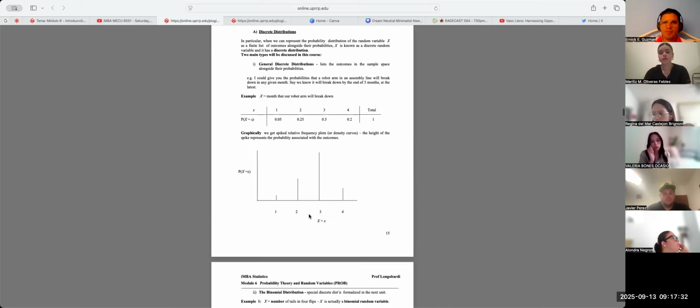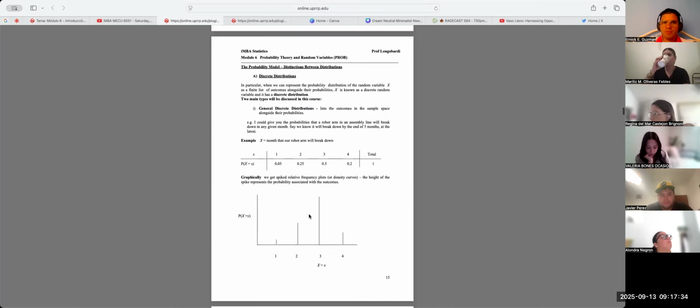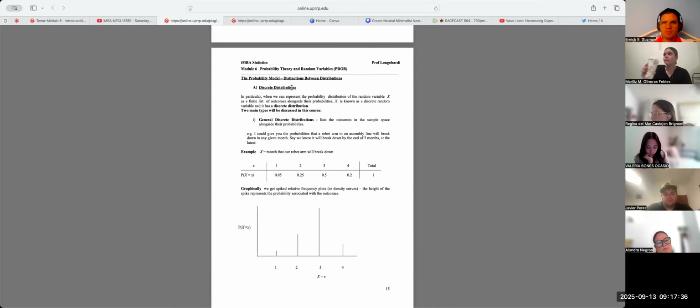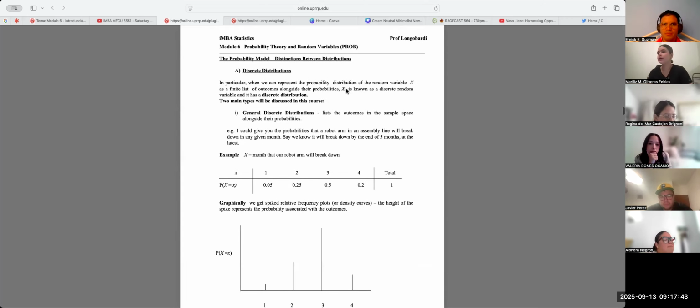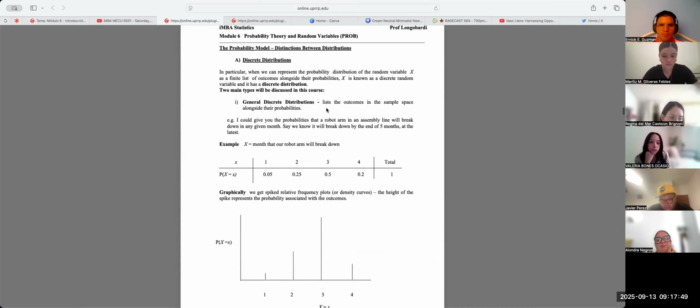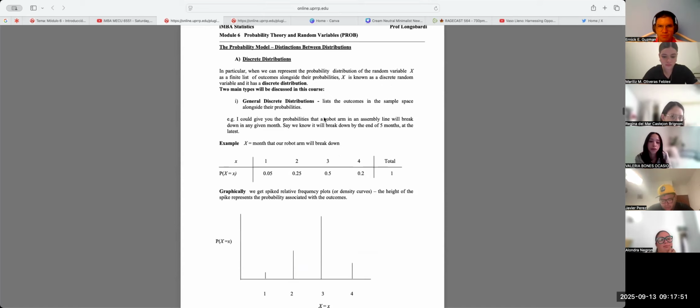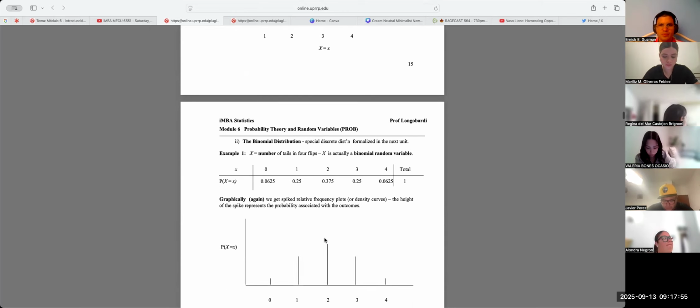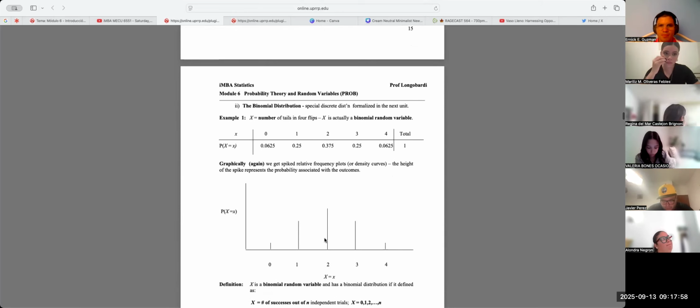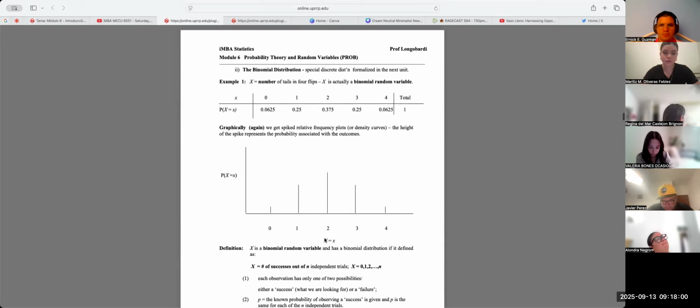I'm going to teach you just a few of them, but I begin with the general discrete ones and I discuss it. So that's number one in the category of discrete distributions. I separate discrete distributions from continuous, remember, because this class is focused on quantitative data and we divide variables as discrete and continuous. For discrete distributions, the only ones I focus on are the general discrete ones and the binomial, and I get really into that in module 8.